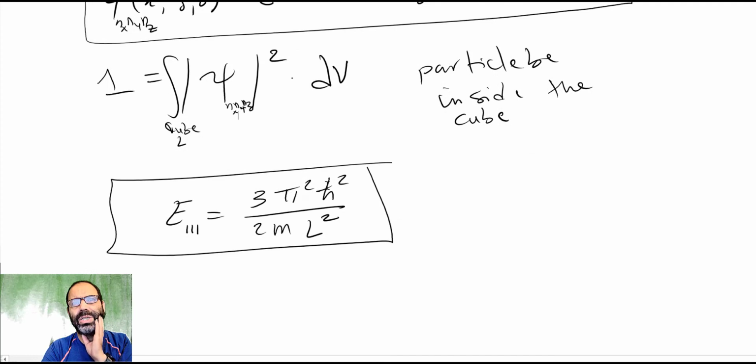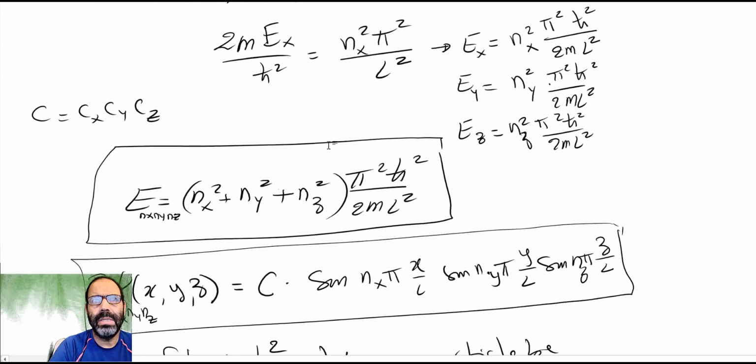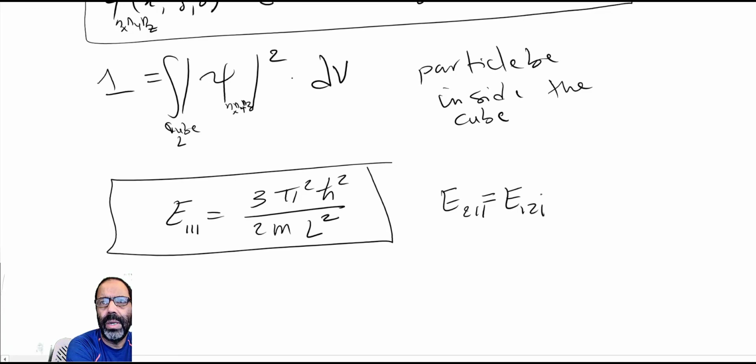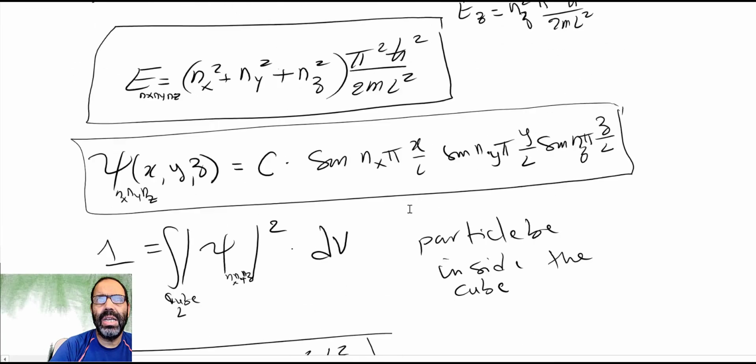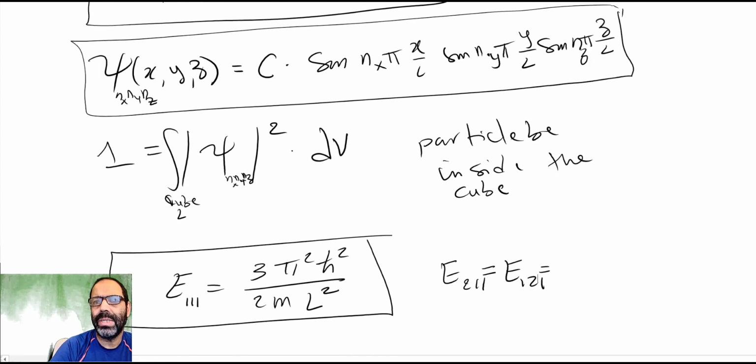So it's going to be twice as much as this number. And you can clearly see that E211 is the same thing as E121, because this is 1 squared plus 2 squared, which is 4, plus 1 squared, so it's going to be 6 also. So this is the same thing as E121, which is also the same thing as E112, because 1 squared plus 1 squared plus 2 squared is the same number, 6.